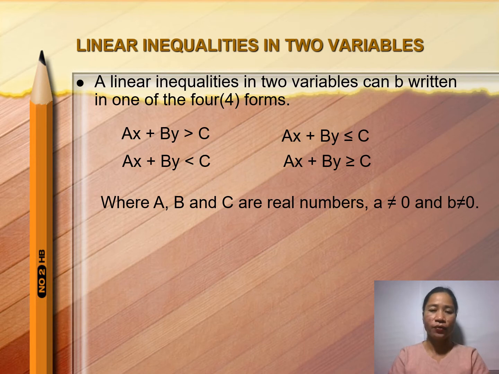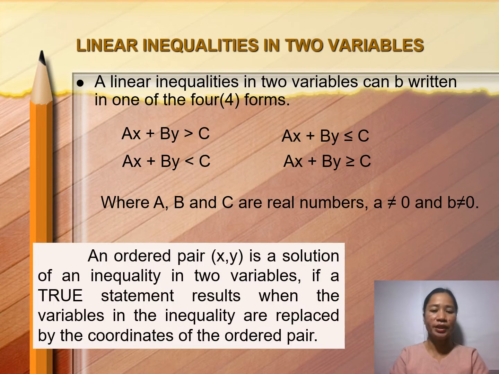So these are the four symbols that we are using in linear inequalities. We have greater than, less than, less than or equal to, and greater than or equal to.